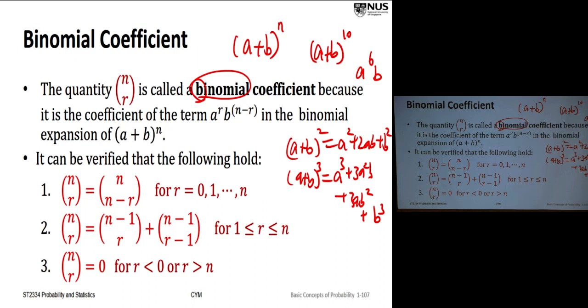Why can't I have this one? When you expand it, from each factor you have to take either a or b, so the number of a's and b's in your product has to add up to 10. So this must be 10 minus 6, so it's 4. So what is the coefficient of this one?